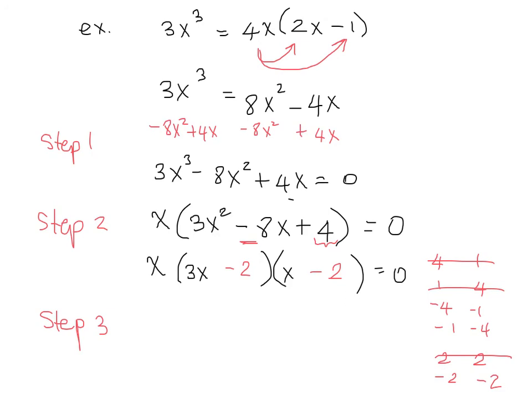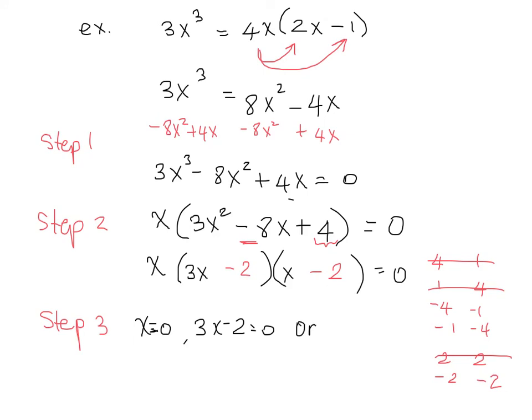And so we have 3 solutions. Either x is equal to 0, that's the first thing, or 3x minus 2 is equal to 0, or x minus 2 is equal to 0.